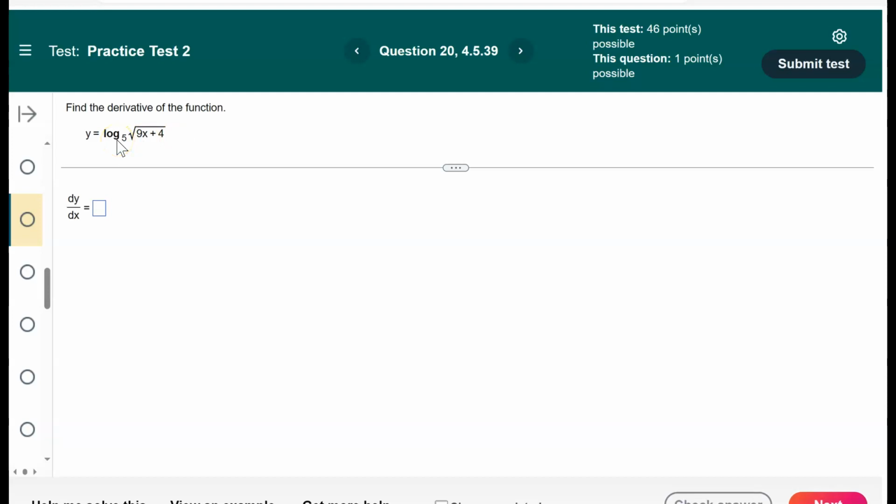Now let's find the derivative of log of the square root of 9x plus 4 base 5. So the derivative of logarithm of a different base, so if it's not ln, which is logarithm base e. So if the logarithm is no longer base e, like in this case here, which is base 5, we have a different formula for that.